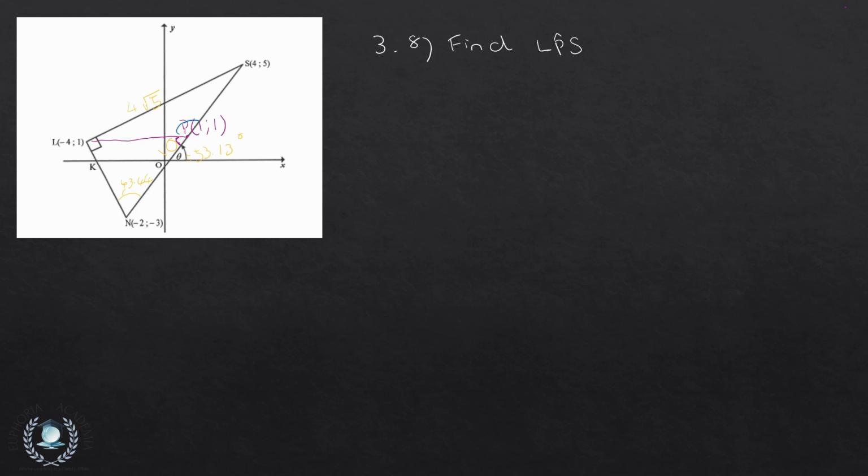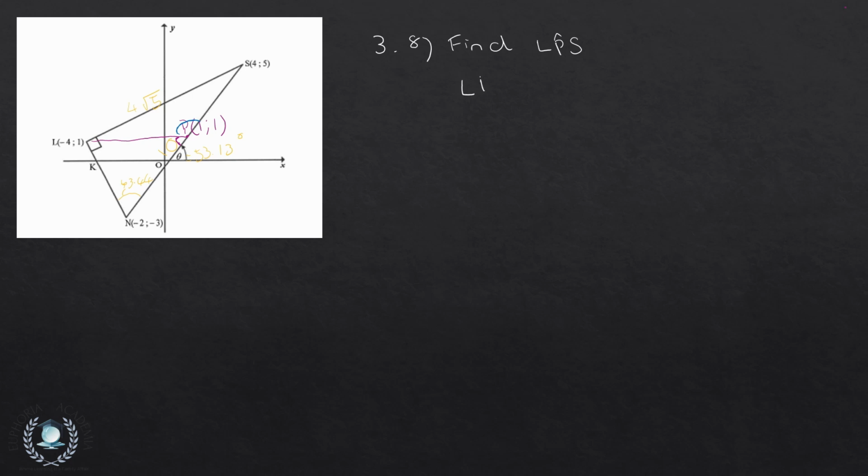LPS will be this angle here, the obtuse angle, the one highlighted in blue. I can see that this LPS is next to the purple angle, the angle called LPN, so I'll need to find LPN, and then using the properties of a straight line, I will find LPS.